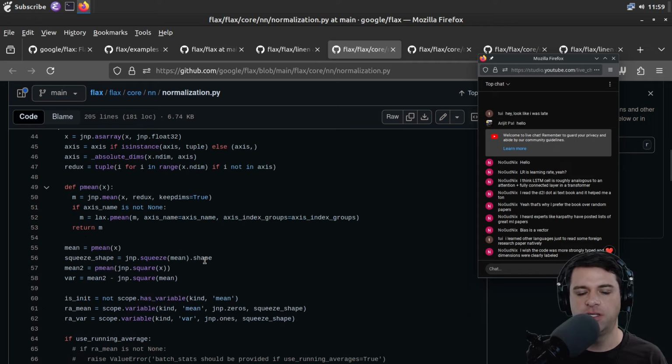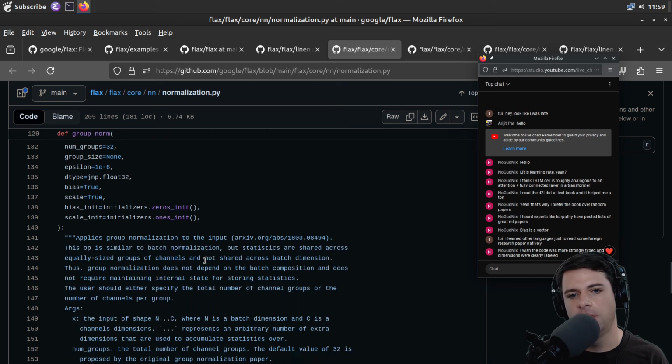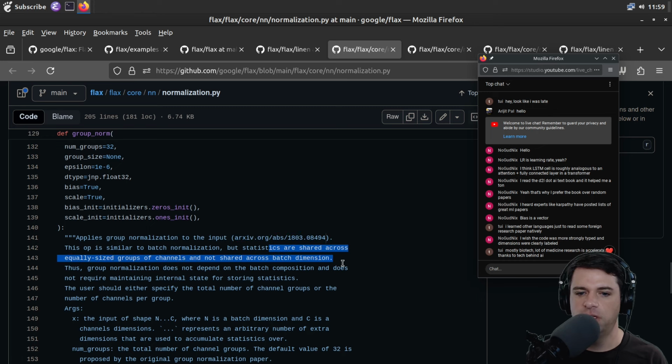Okay, so batch normalization normalizes larger groups of things. And that's fine. Group norm, I think that's different from the group norm as you might encounter in group theory. Statistics are shared across equally sized groups of channels and are not shared across the batch dimension.